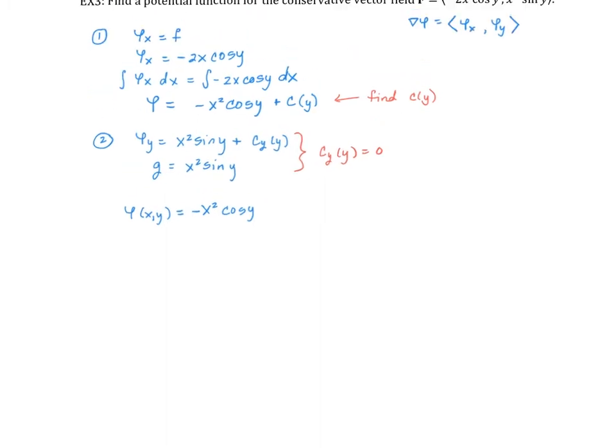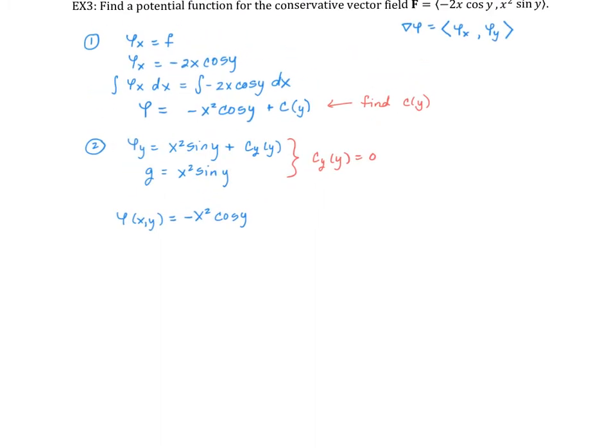Because remember, what we were doing is trying to find this constant, and we're looking at this possible function phi. So if that constant is 0, then maybe my function is negative x squared cosine y.